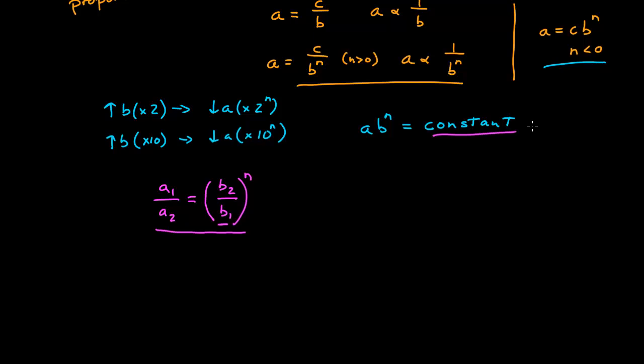Let's look at an example, let's use Newton's law of universal gravity. Newton's law of universal gravity says that the gravitational force on a mass m by a mass capital M is proportional to each mass.